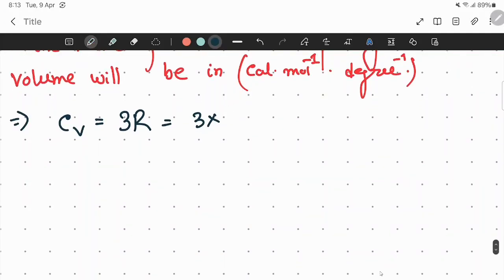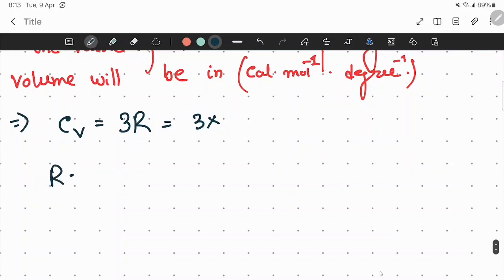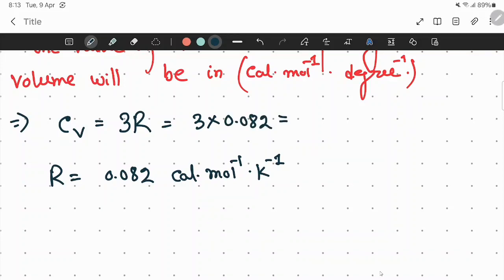We have to find out the value of R. R is 0.082 calorie mole inverse Kelvin inverse. So it is 3 times 0.082, which is 0.246 calorie mole inverse Kelvin inverse. Now, if they ask in degree centigrade inverse, then what will be the case?